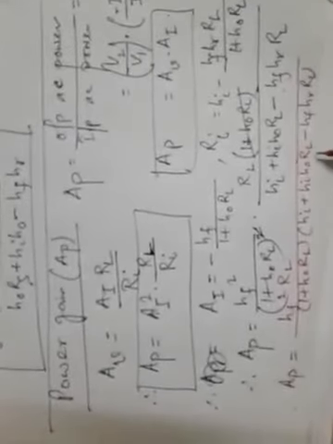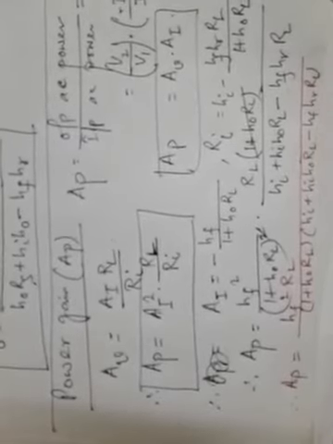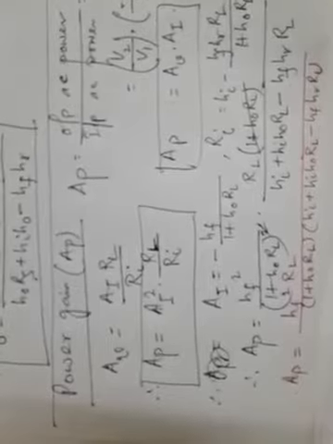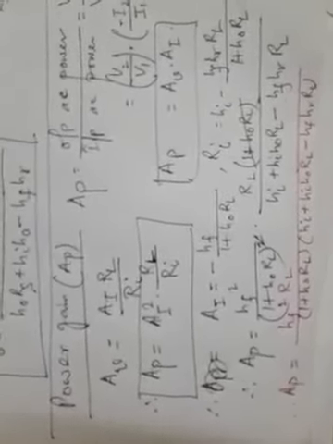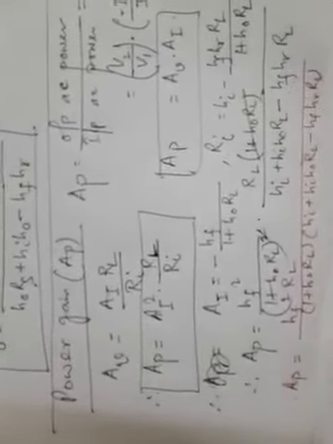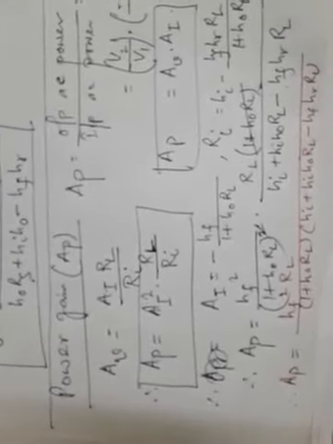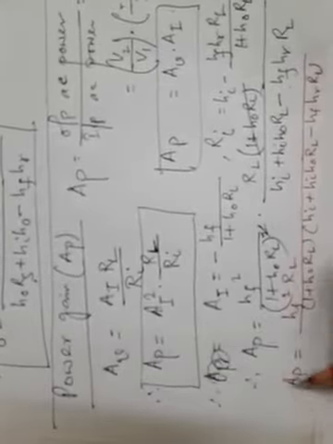Alternately, if we take the common RL, then HIHO minus HF HR could be written as delta H. You have seen this previously in the expression of RI and in the expression of voltage gain AV. So this is the final expression.